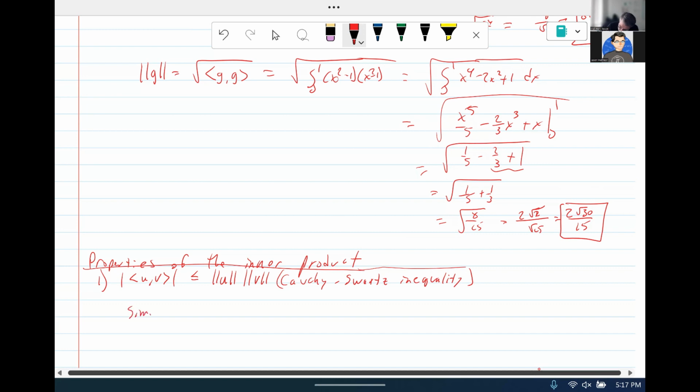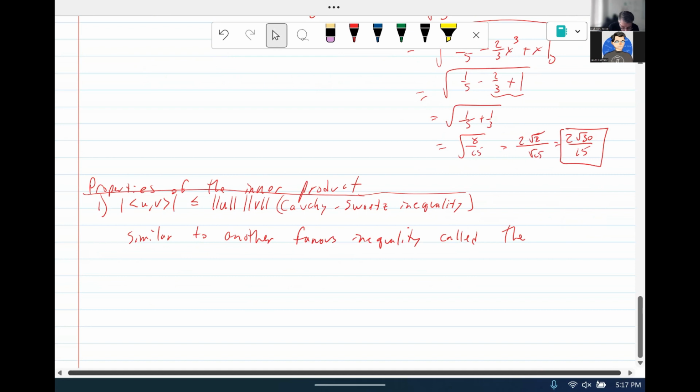It's similar to another famous inequality, called the triangle inequality, which is the magnitude of u plus v is less than or equal to the magnitude of u plus the magnitude of v.